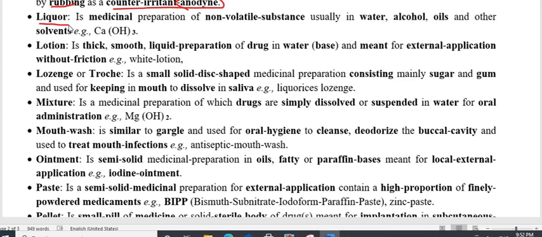So liquor is a liquid preparation of non-volatile substance in water, alcohol, oils, or other solvent. Example is calcium hydroxide. So this is very important. Here the calcium hydroxide is Ca(OH)2. So here you have to change it, Ca(OH)2.